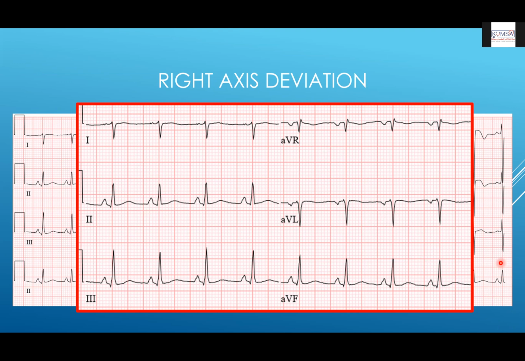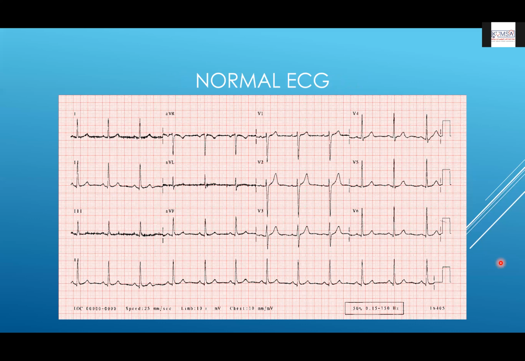Now, this is a normal ECG. So when we apply the issues of axis, we can see that lead 1 is positive, lead 2 is positive. And another good clue for looking at people with a normal ECG is that in the chest leads, the R wave will gradually increase and reach its peak in V6.